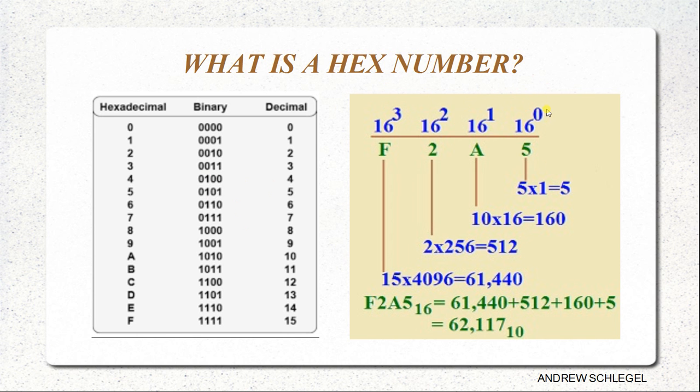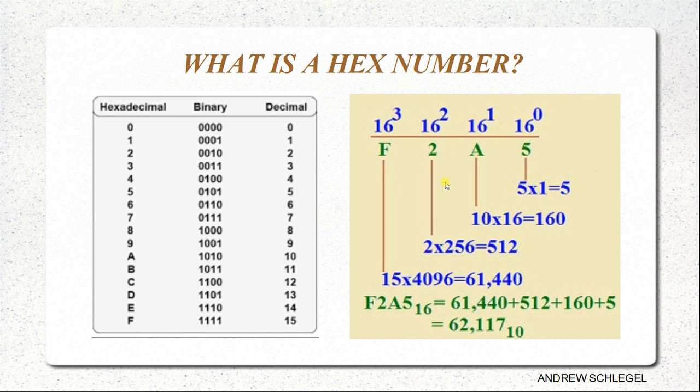So it starts at your 1's place, then your 16's place, then 16 times 16, which is 256, and then 16 times 256, which is 4096. So if you have this hexadecimal number F2A5, well, 5 times 1 is 5. 16 times A, which is 10, is 160.